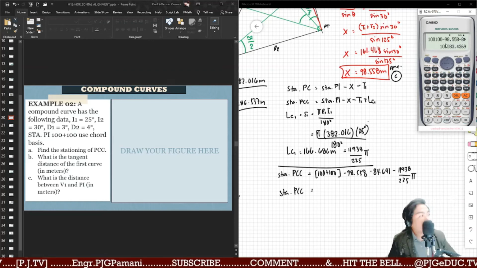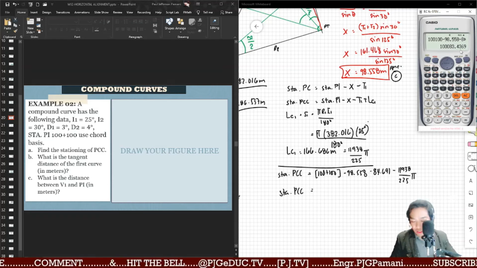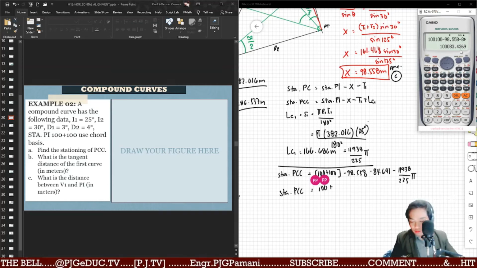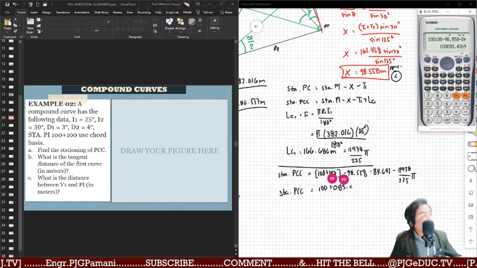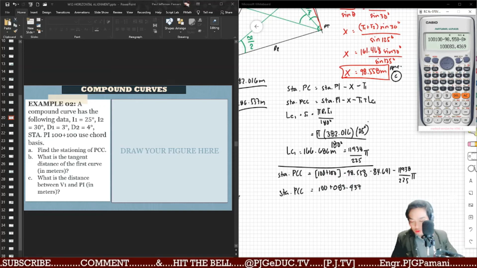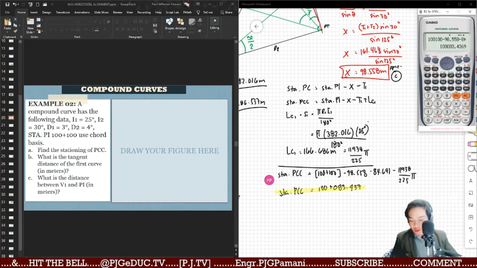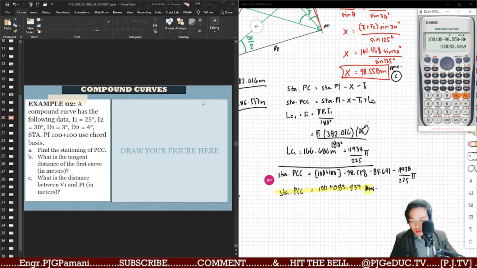That is 100,083.4369, or in station, that is 100 plus 083.437. So, eto na ngayon yung ating answer for letter A.